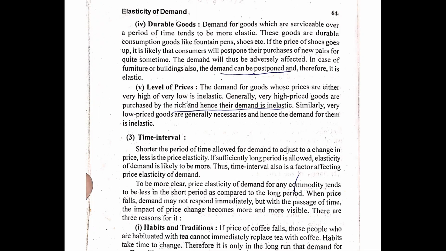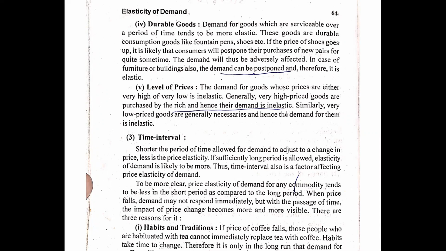Now, the next point is level of prices. The demand for goods whose prices are either very high or very low is inelastic. Generally, very high priced goods are purchased by the rich and hence their demand is inelastic. Similarly, very low priced goods are generally necessaries and hence the demand for them is inelastic. So guys, we have already taken the example of salt, whose price is very low.